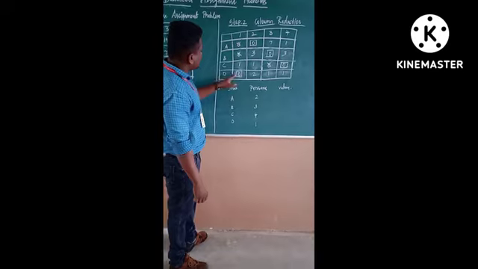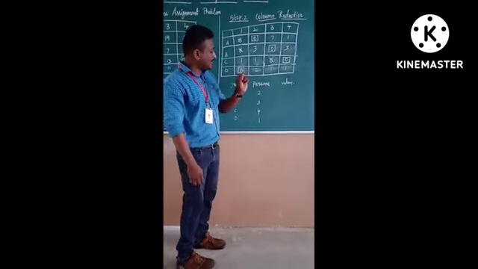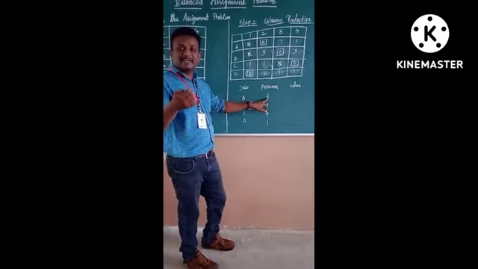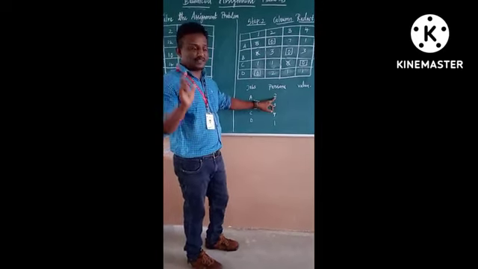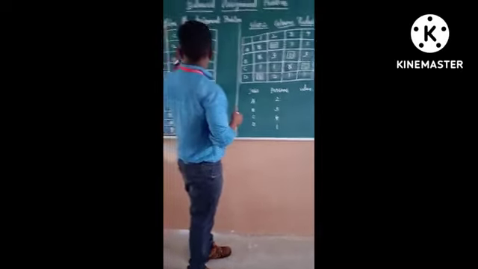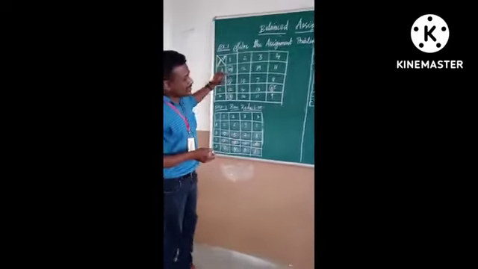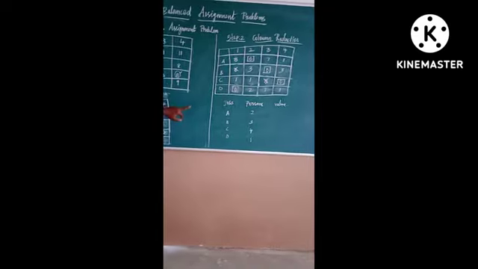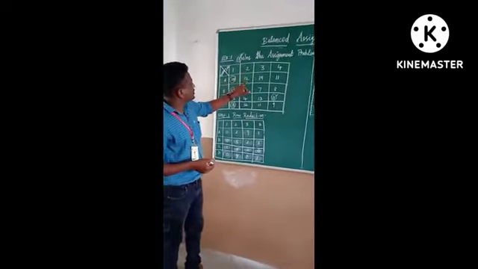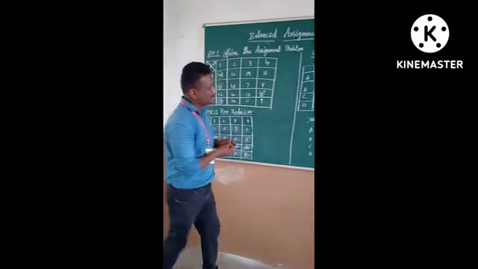That means now we have to find out the duration. If a job is assigned to person 2, how much time will he take to complete that task? That value we have to obtain from the original data. Job A assigned to person 2, the original duration time is 12.